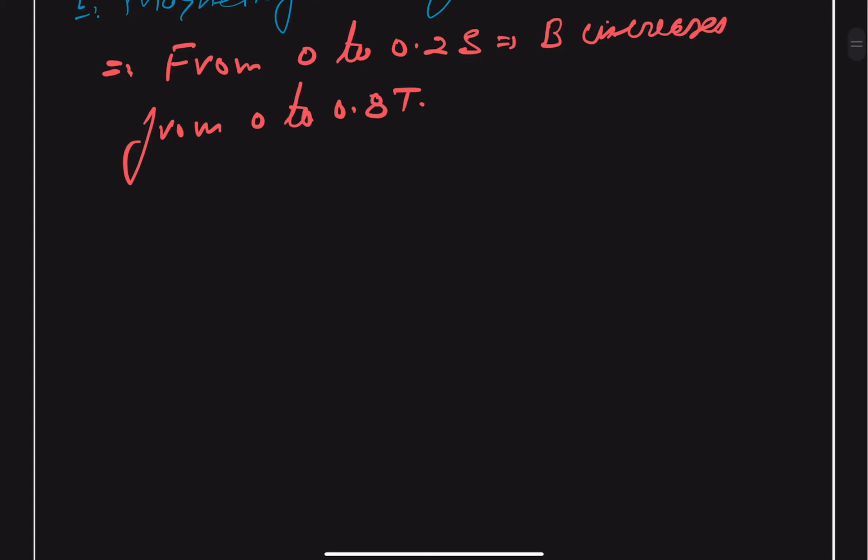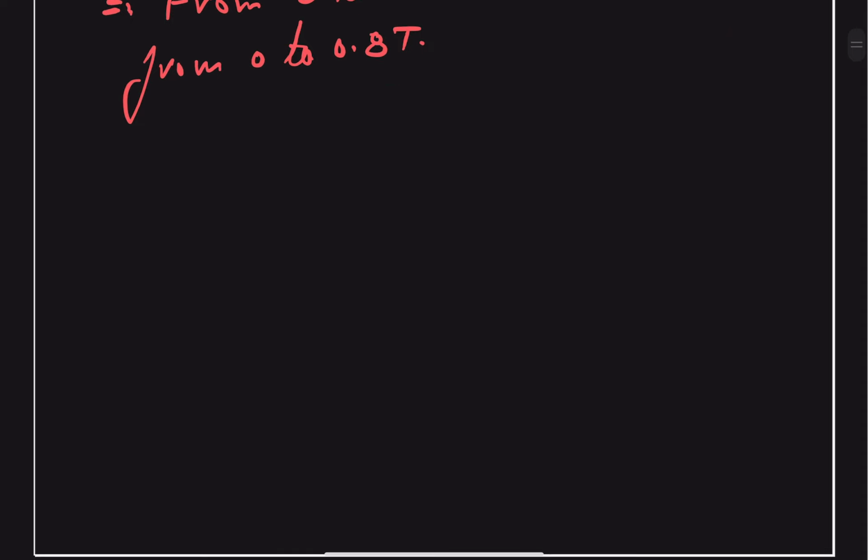Which basically means that dB by dt, that is the rate of change of magnetic field, is 0.8 minus 0 divided by 0.2, which comes as 4 Tesla per second.